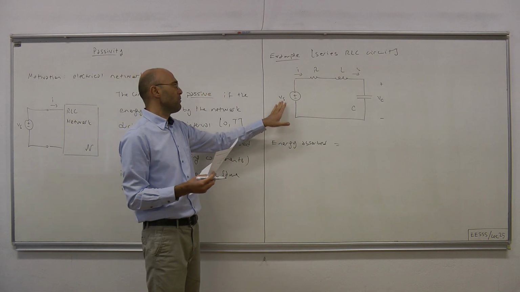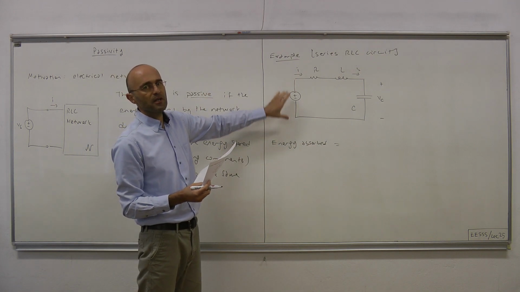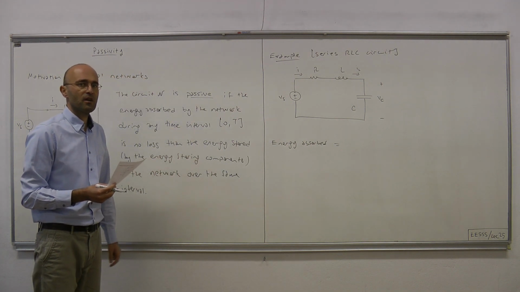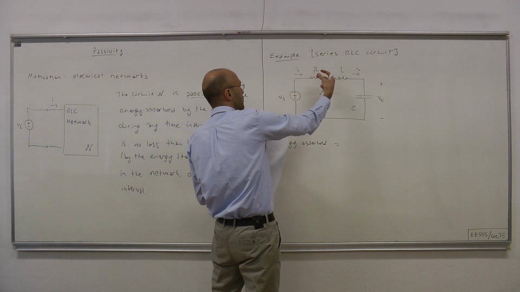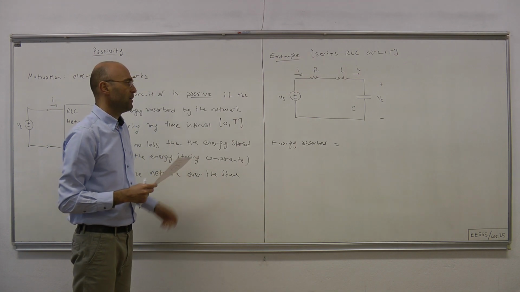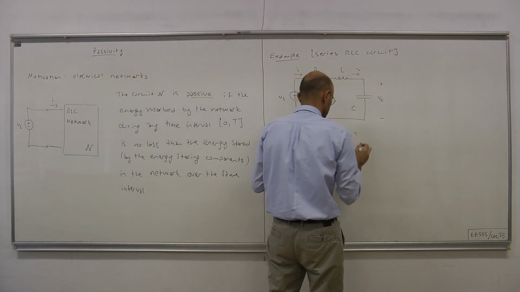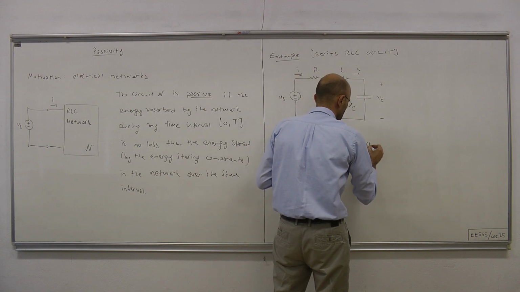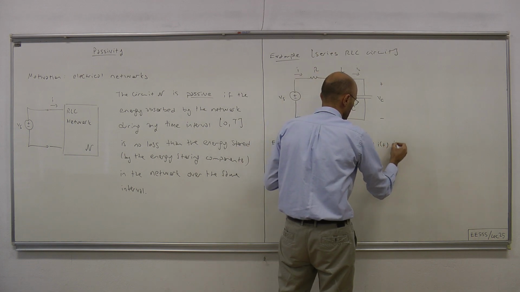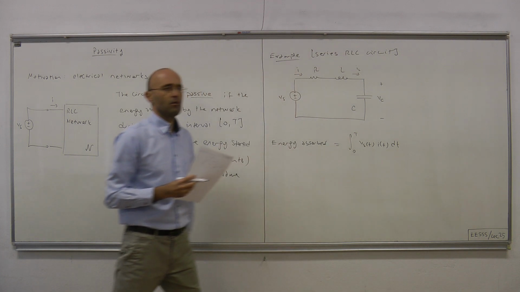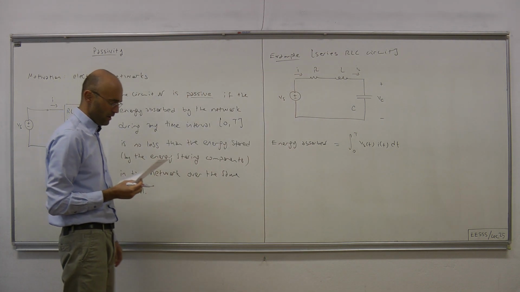The power delivered by this source is its voltage times the current extracted from the source. So what we're talking about is the integral of the power, which is a product of voltage and current.